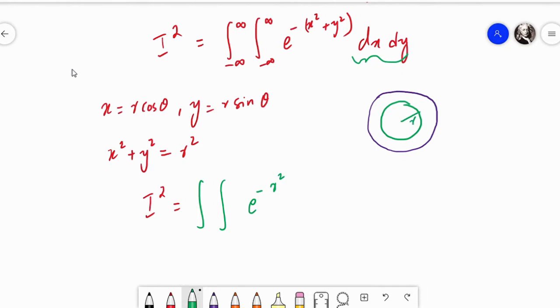So this is r and this is dr. If you want to find the area of this small increment, the increment is basically 2 pi r dr. So dA is just that in polar coordinates.